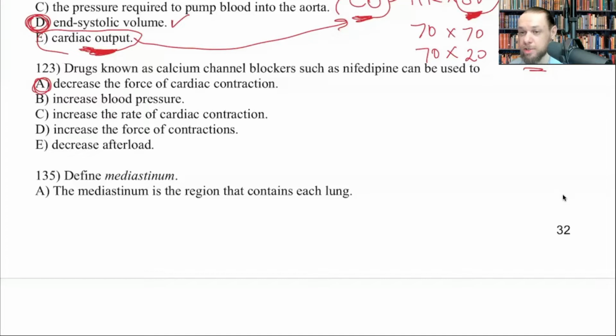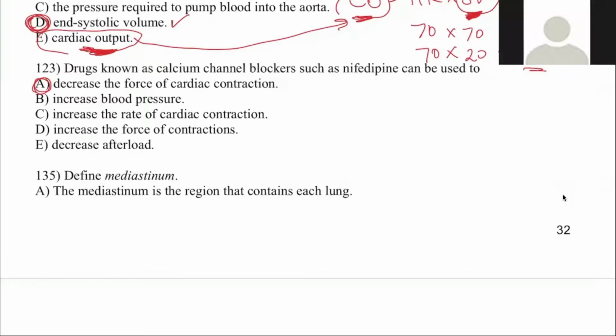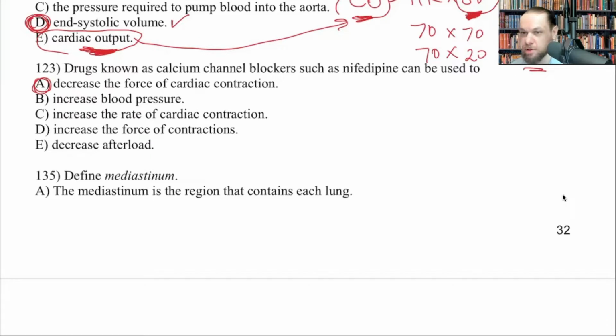sometimes you're going to be working in the field and you have a patient who has, let's say, a supraventricular tachycardia, SVT, and you call medical control and they say, all right, go ahead, give diltiazem, but prior to giving this medicine, give them some calcium. Why do you think they ask you to do that?